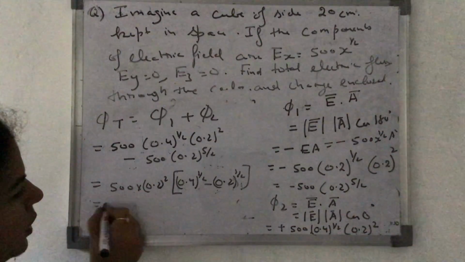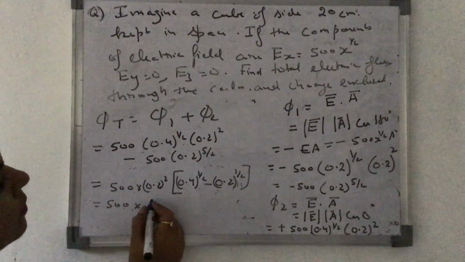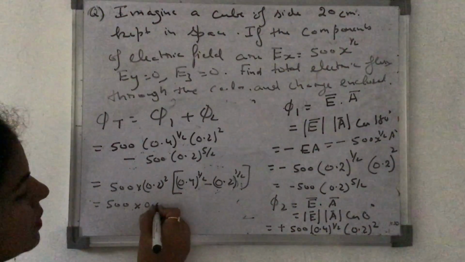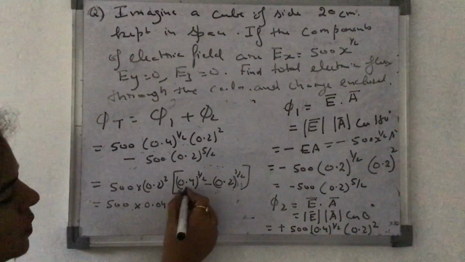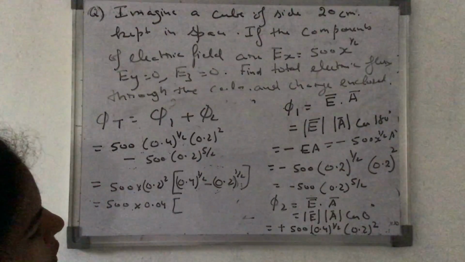Let's solve it. 500 into 0.04 into, I need to take the root of this also.